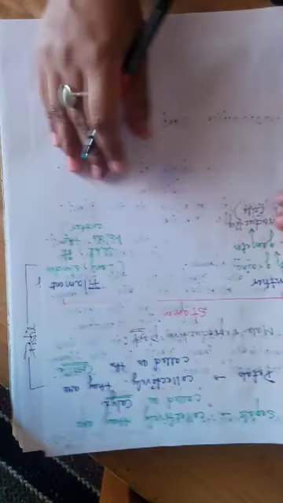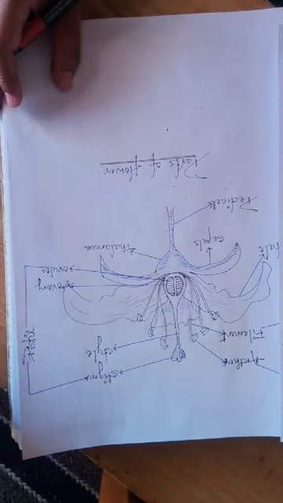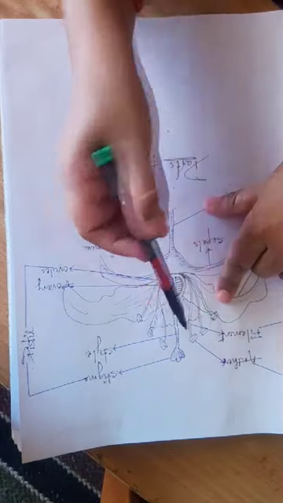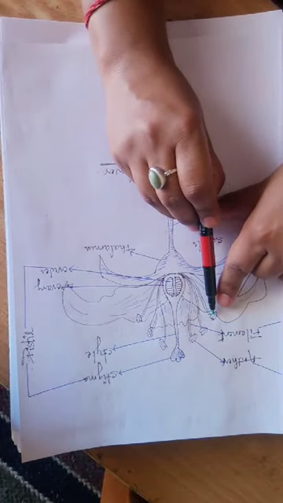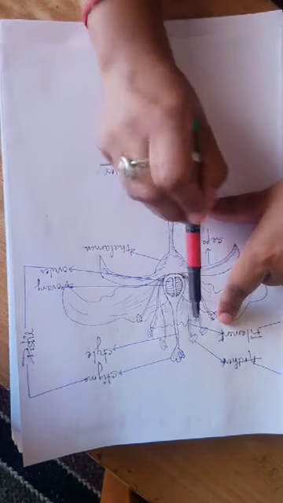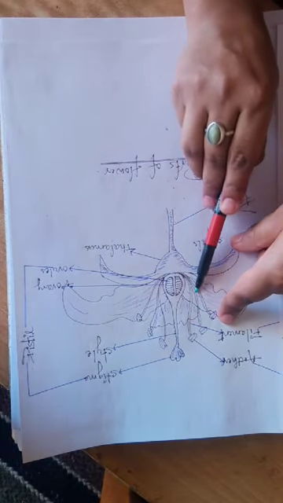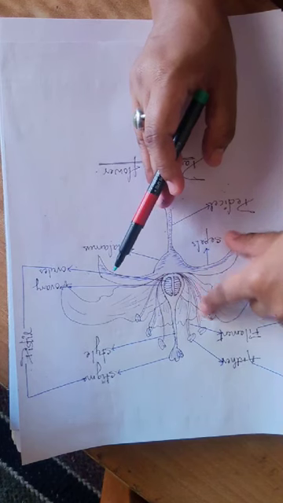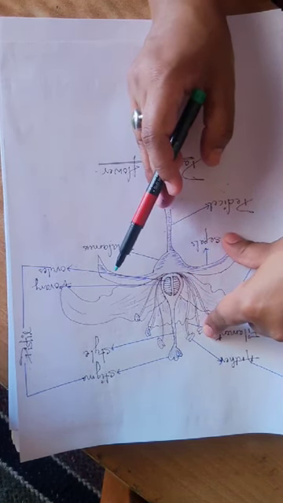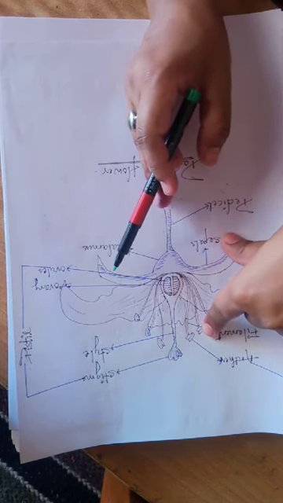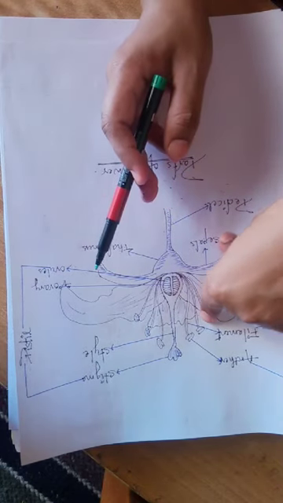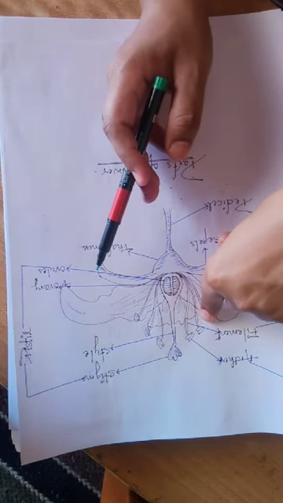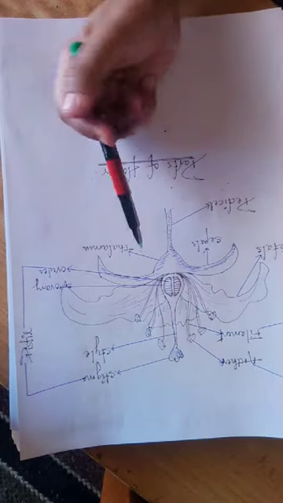Let me show you in the diagram. See, this is the anther, and this very long slender tube is the filament. So it seems as if this filament is holding this anther. It is providing support to the anther, and this anther has pollen grains which have male gametes in them.